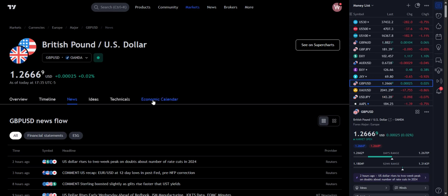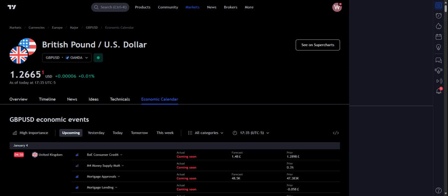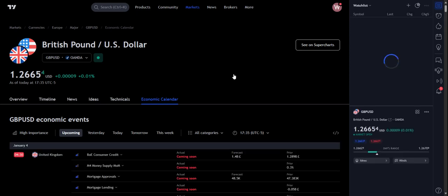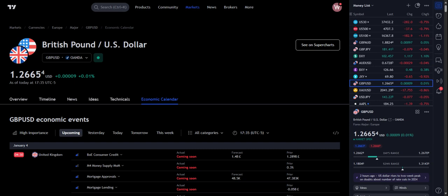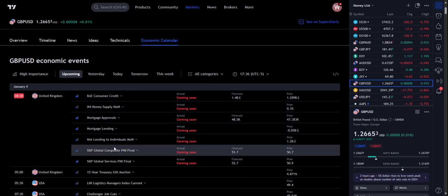But there's also something called the economic calendar. The economic calendar gives you a view of the economic events that are going to be coming up, right? Some of those events could be the GDP, it could be CPI, it could be different types of geopolitical or economic data that's being released that's going to give you insight into what's happening within this data.